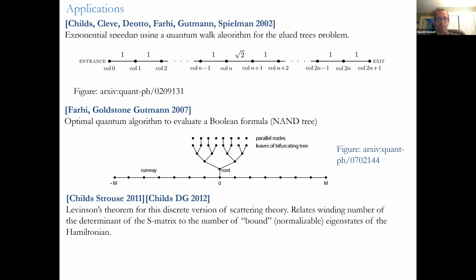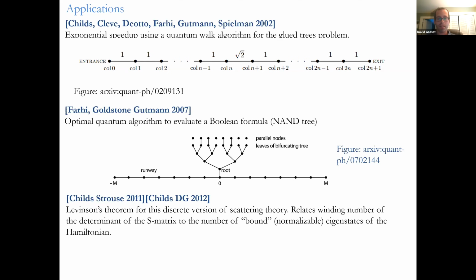This is not really an application, but I did want to mention that Andrew Childs and DJ Strouse wrote a paper about Levinson's theorem, and with Andrew, I generalized that theorem to the setting that I described earlier, where you have many semi-infinite paths connected to a graph. Levinson's theorem is a theorem in scattering theory.